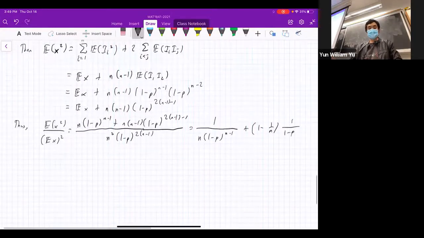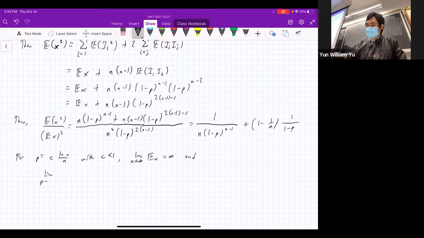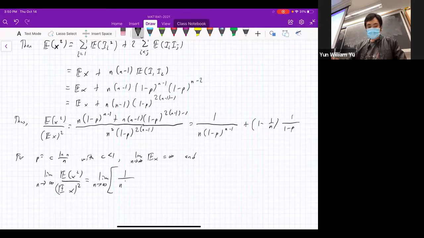Okay, but we can simplify this out. And what you'll notice is that for p equal to c ln n over n with c less than 1, the limit as n goes to infinity of the expectation of x is equal to infinity, and we know that the limit as n goes to infinity of the expectation of x squared divided by the expectation of x squared is equal to the limit of 1 over n to the 1 minus c plus (1 minus 1 over n) times 1 over (1 minus c ln n over n).